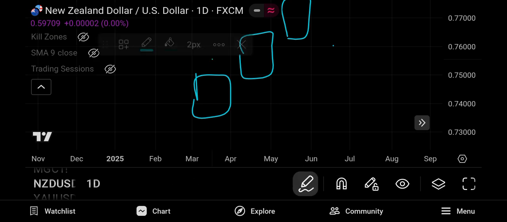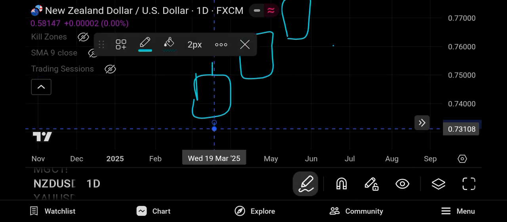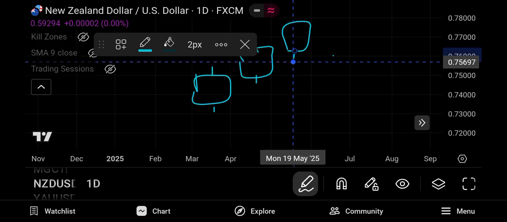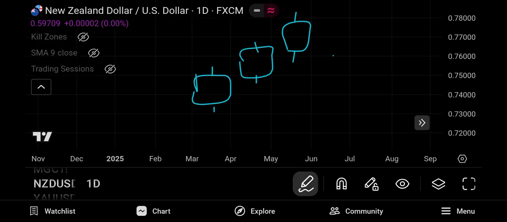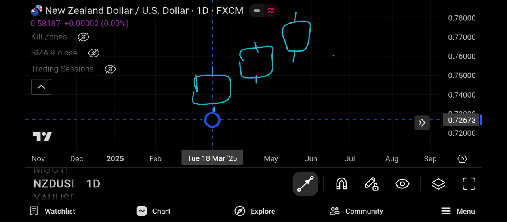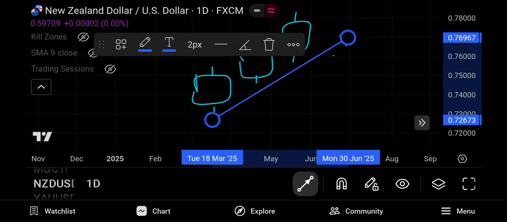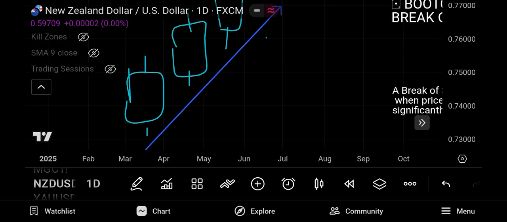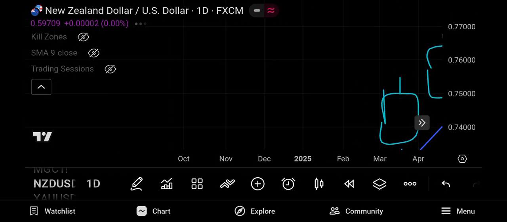So let's give them some wicks. So what do we see? It's an uptrend. It consists of bullish candles, and what can we say? A downtrend consists of the opposites, which are bearish candles.